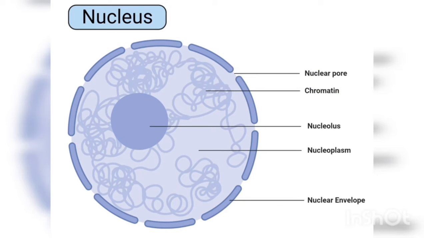Next is the nucleus. The nucleus has a double-layered covering called the nuclear membrane. The nuclear membrane has pores which allow the transfer of material from inside the nucleus to its outside, that is, to the cytoplasm.